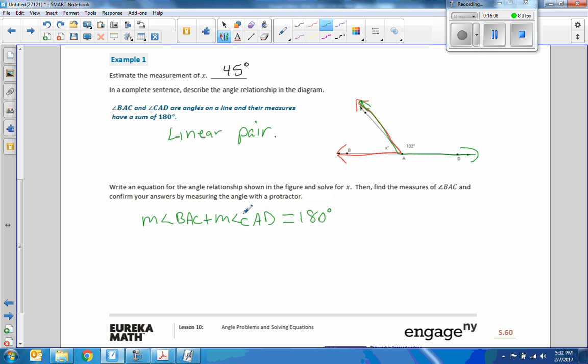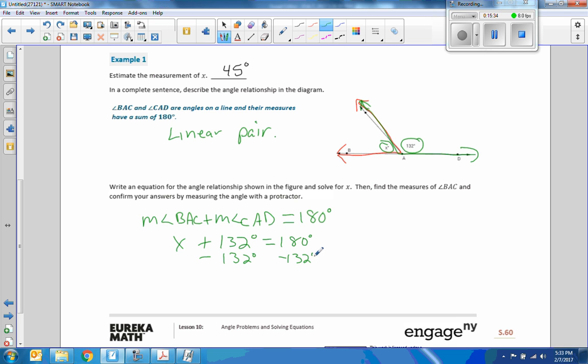Okay, I want to make a statement of what I have here. Then I'm going to substitute in my givens. The measure of angle BAC is x degrees, so x plus the measure of angle CAD, which is 132 degrees, equals 180 degrees. In order to solve for a variable, we do the inverse operation to get across an equal sign. The inverse of addition is subtraction.